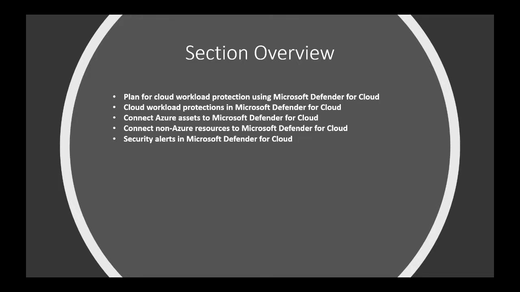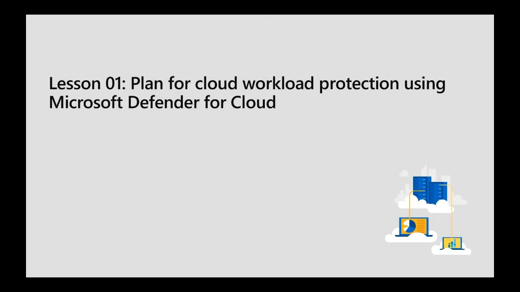Then we'll have two lessons on connecting Azure assets and connecting non-Azure resources to Microsoft Defender for Cloud. And in the last lesson, we are going to talk about the security alerts that are available in Microsoft Defender for Cloud. So let's get on to our first lesson and talk about planning for deploying Microsoft Defender for Cloud.